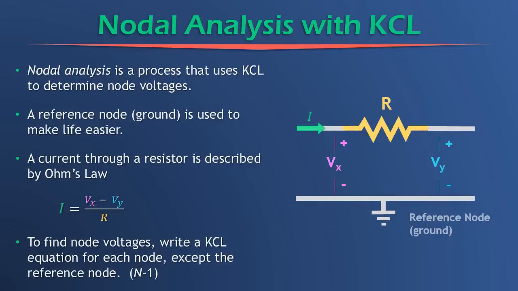And so we can write out the standard KCL equations like we did before in our previous examples, except now instead of writing I1, I2, I3 equals 0, we write in the form Vx minus Vy over R plus Vz minus Vb over R, whatever points there are in the circuit. So we use this form, Vx minus Vy over R, instead of just I.